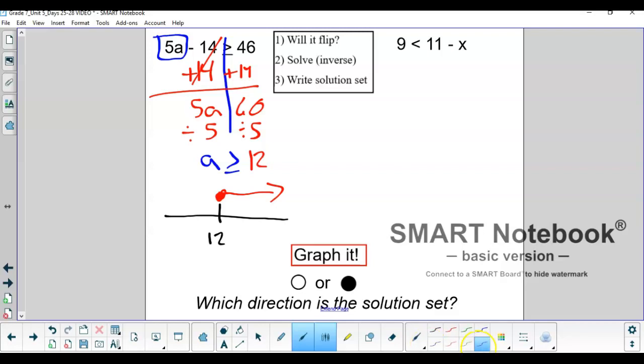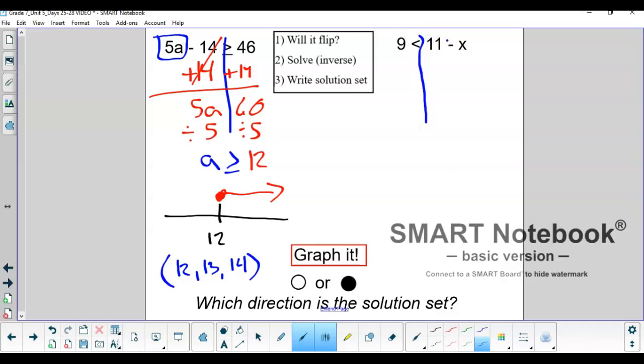Again, the first number to the right of 12 that is greater than or equal to 12 is 12 itself, then 13, and then 14, and all the positive numbers going after it. So again, if you're able to solve, you should by now be able to start doing the solution set and graph.